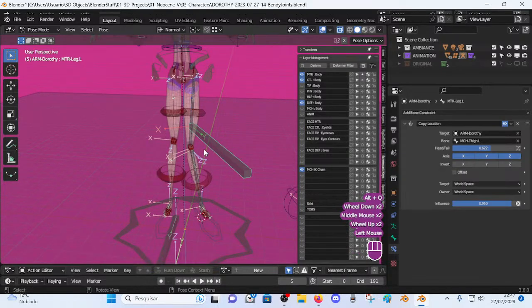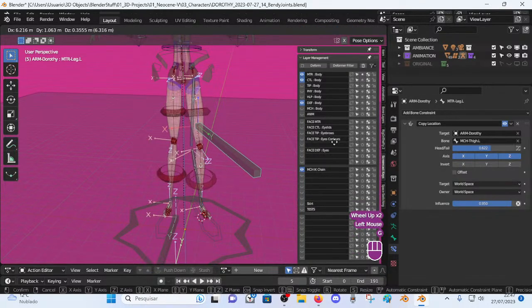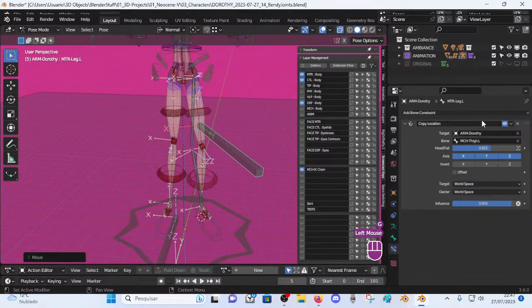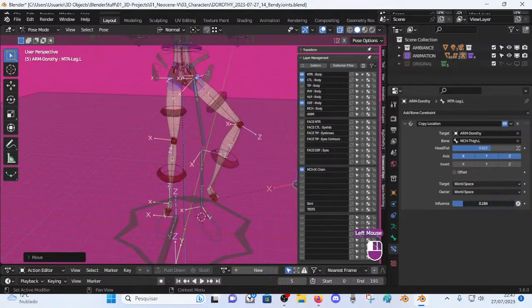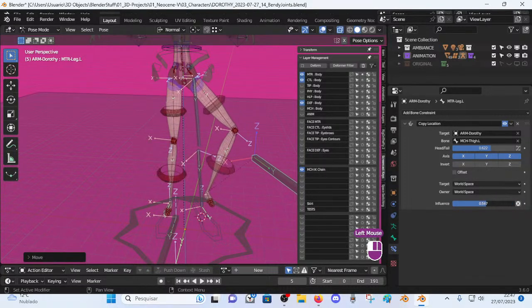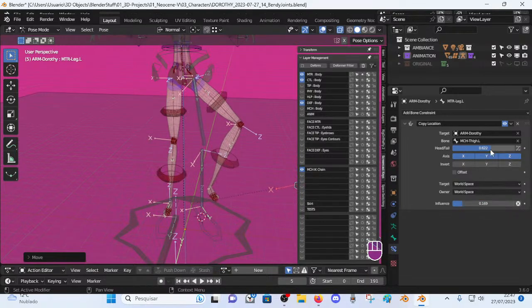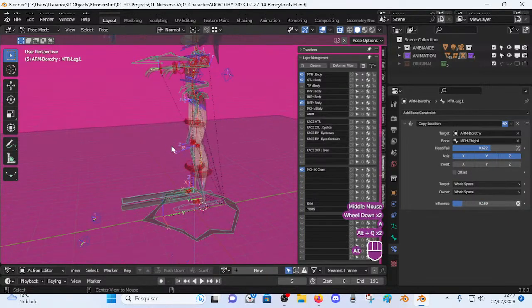Of course I would like to make more improvements, and maybe, yes, I don't want to keep this copy location too, and furthermore it's not offset. Well, but then it doesn't need to be offset if I have this thing, right? But then this thing is really bad. What if I change the influence this way? Let's reset.